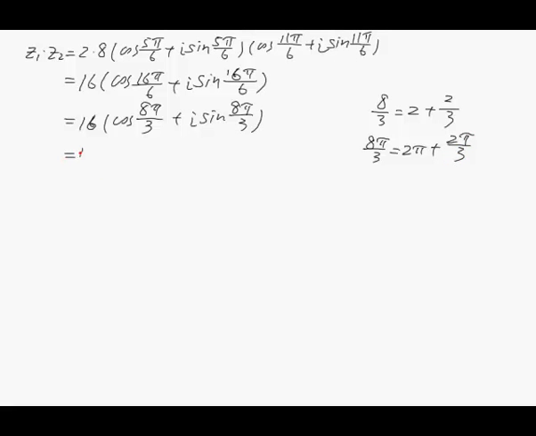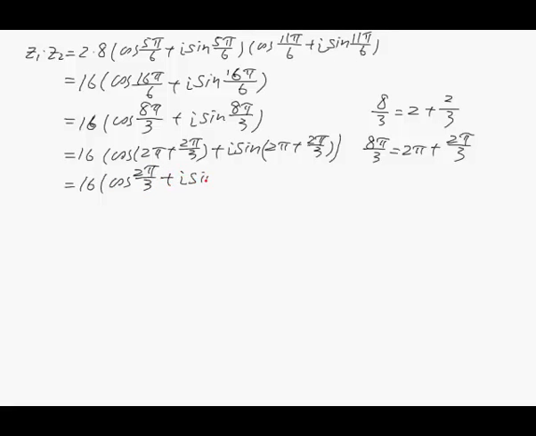Then you have the 16 times cosine of the 2 pi plus 2 pi over 3 and plus I times sine of the 2 pi plus 2 pi over 3. Since 2 pi is the period of the sine and the cosine, so we can throw away this 2 pi. Then we get cosine of the 2 pi over 3 plus I times sine of the 2 pi over 3.